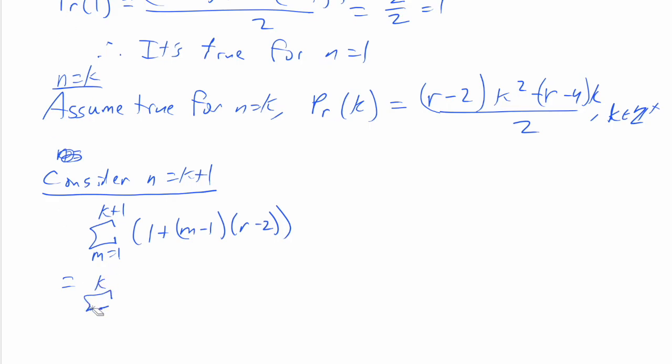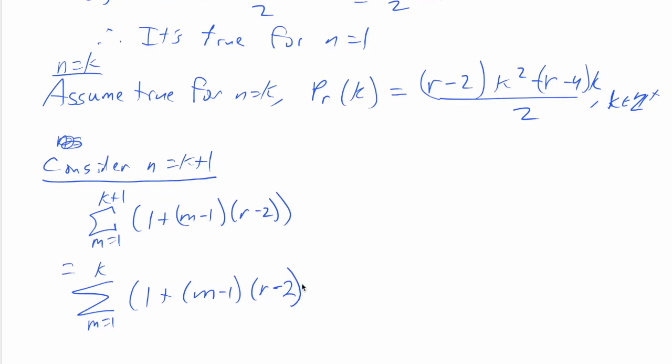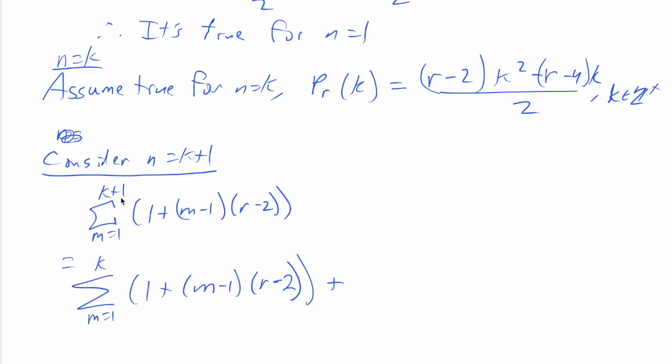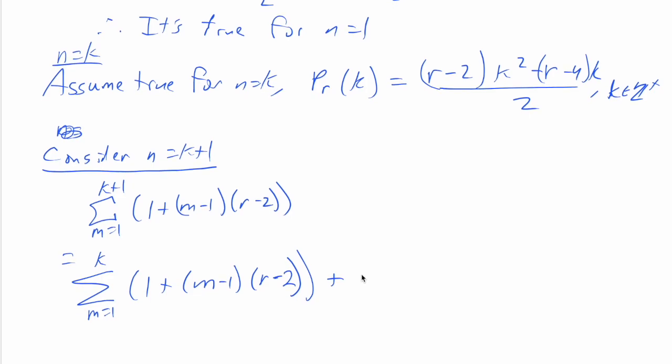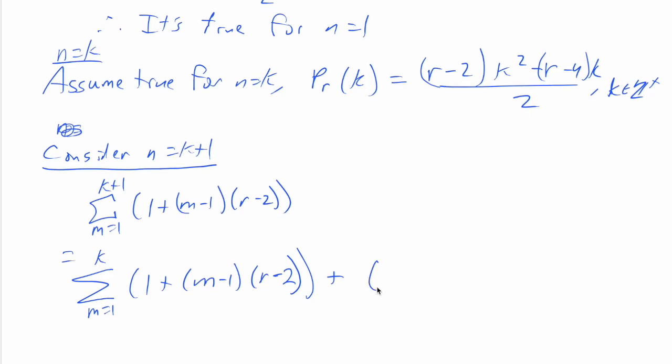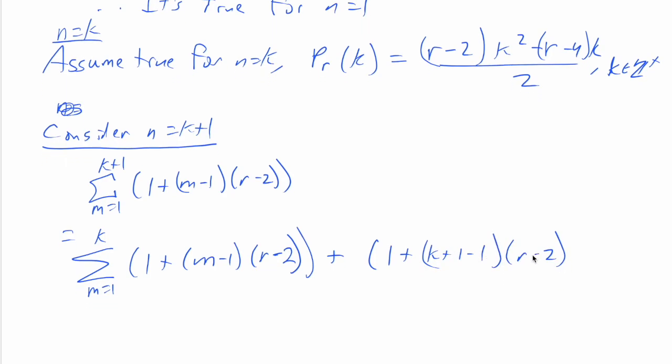That's a pretty poor sigma sign. So the summation from m equals 1 to k of 1 plus m minus 1 times r minus 2 is the same as that summation plus this with k plus 1 plugged in. So we're going to have 1 plus k plus 1 minus 1 times r minus 2.